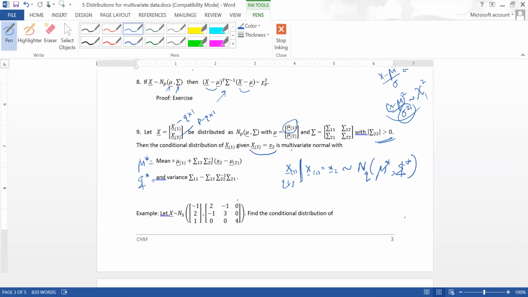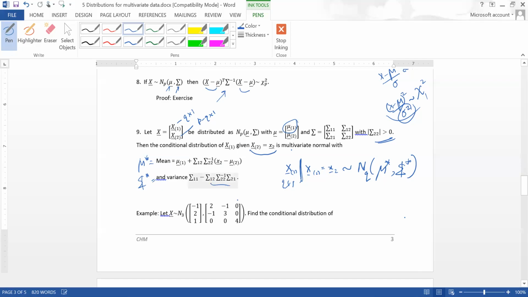You can see the mean value is mu1, the mean of the x1 part, plus sigma 1 2 sigma 2 2 inverse times x2 minus mu2. x2 is the given value, mu2 is the mean of that. And the variance, sigma star, is sigma 1 1, the variance covariance part of x1, minus sigma 1 2 sigma 2 2 inverse sigma 2 1.